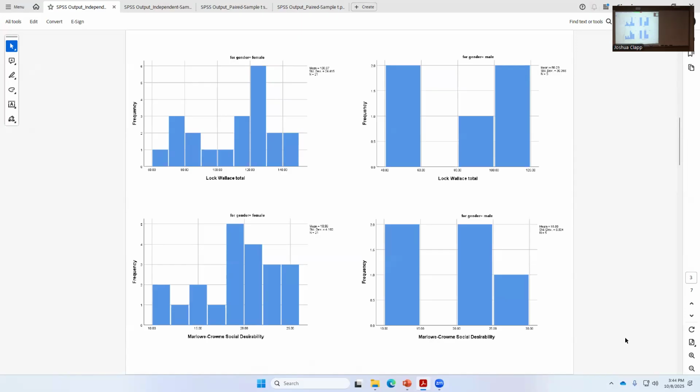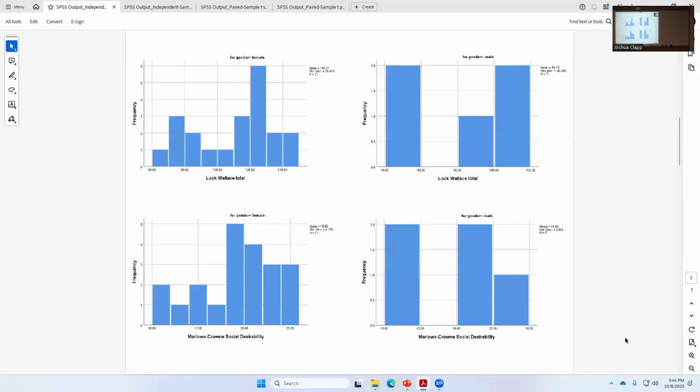Kate, what am I seeing in my histograms for men? It's pretty square. Yeah, pretty square. Is a histogram useful with 5 people? Not really, right? So we would note that for men in the sample, histograms are pretty square, but we just don't have enough representation to get a good sense of what's happening.